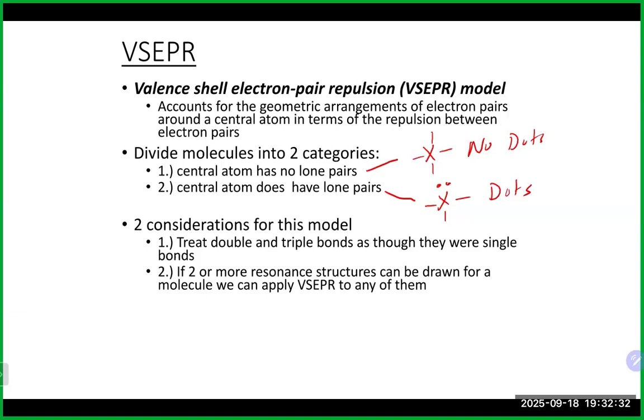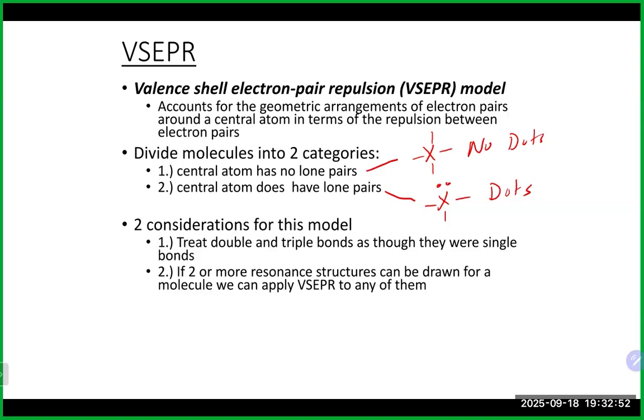So when we do geometry, and only when we do geometry, there are two really important things. The first one is kind of most important, which is we treat all double and triple bonds as though they were single bonds. They count as single electron pairs and they count as single bonds.